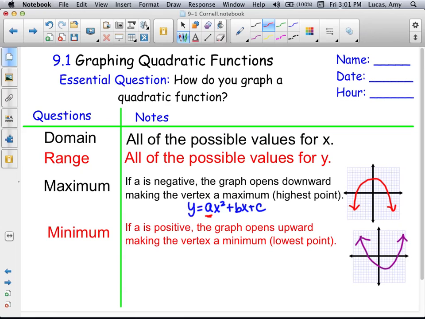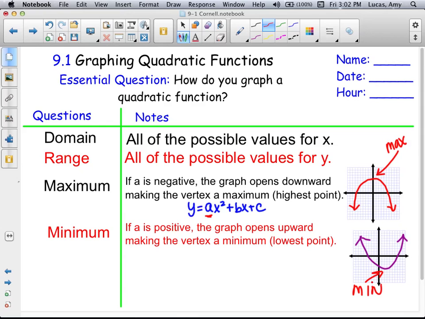If a is negative, the graph is going to open downward like a frown, and that makes the vertex a maximum, the highest point on the graph. If a is positive, the graph opens upward like a smile, and that makes the vertex a minimum because it's the lowest point on the graph.